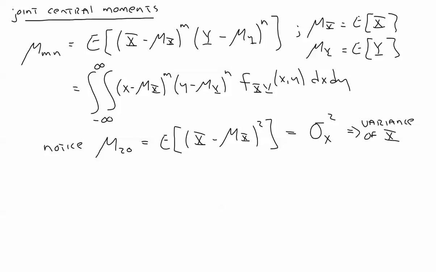All right. Similarly, mu 0,2 is the expectation of y minus mu y squared, and that is the variance of y.